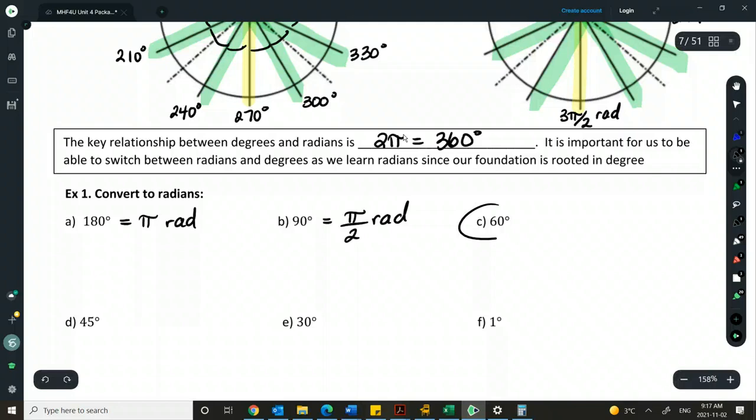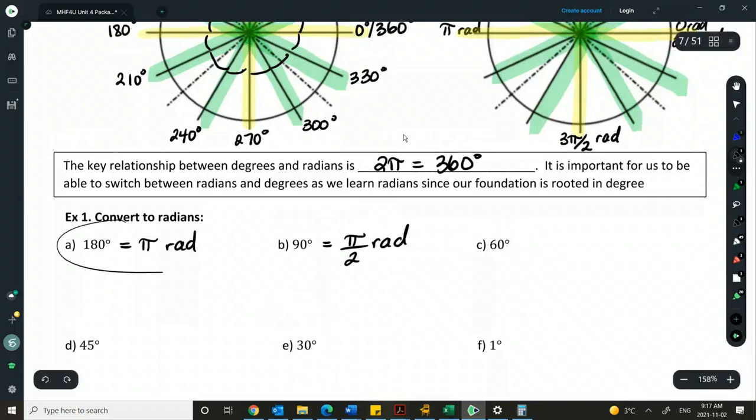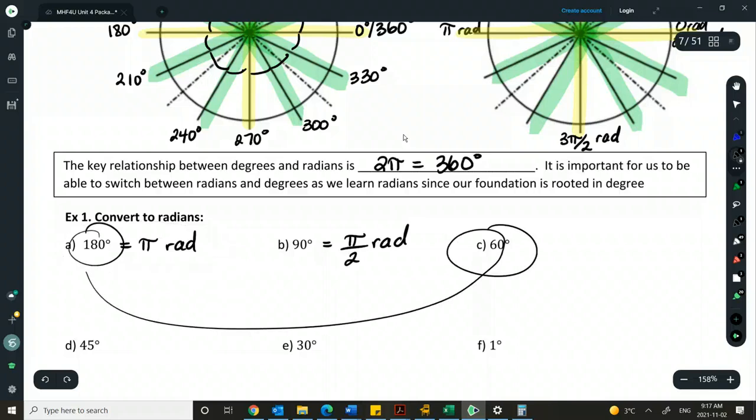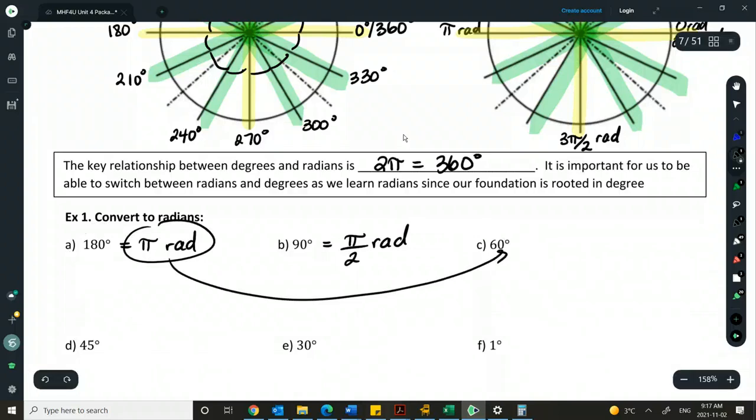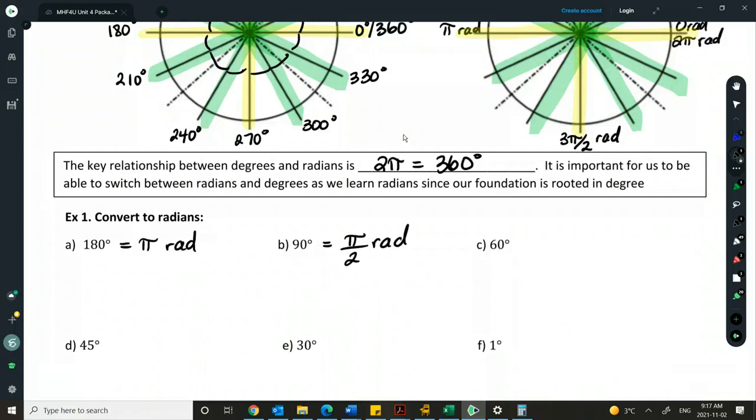So let's talk about 60 and 30. I'm going to use 180 for this. What's the relationship between 180 and 60? What do I need to divide 180 by to get 60? Athena? 3. So this must be pi over 3, right? So 60 is pi over 3.